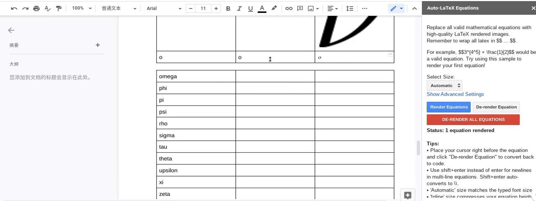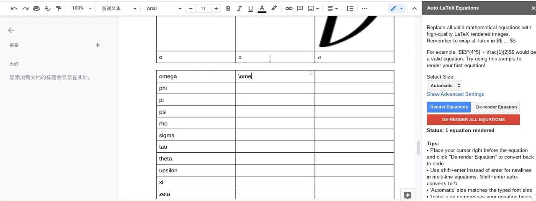Oh, basically, the code is that you only need to type in O. Remember to add the dollar signs on the left side and right side. So it's like dollar, dollar, O, dollar, dollar. That is going to be the code for the O. You don't have to add this one, so that becomes this.